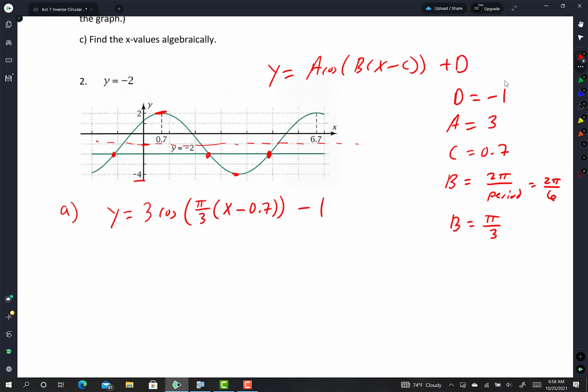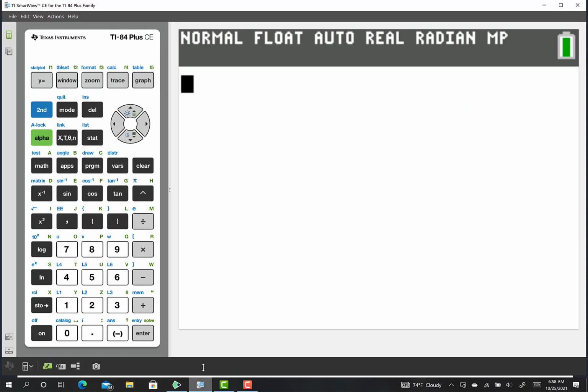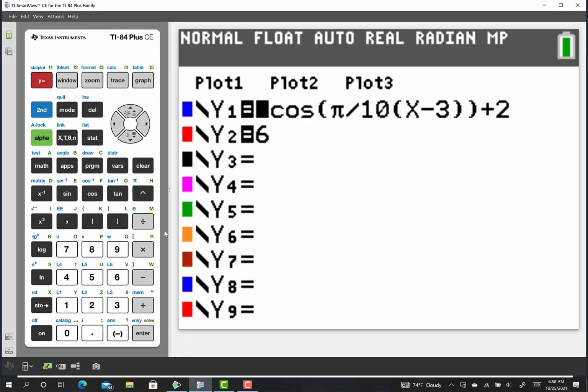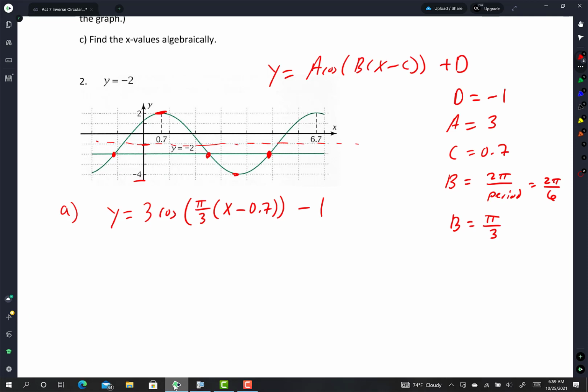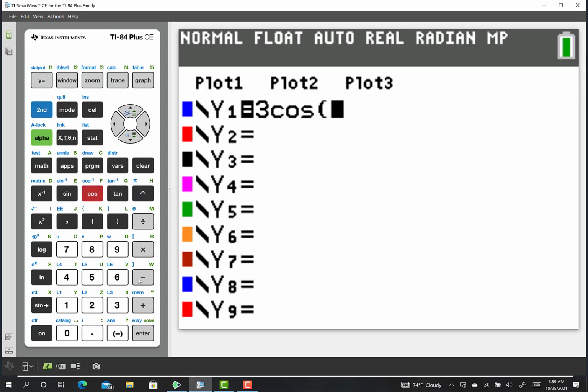So I'm going to take my calculator. Y equals, I'm going to clear that from last time. We go 3 cosine pi over 3, parenthesis, x minus 0.7, close, minus 1.